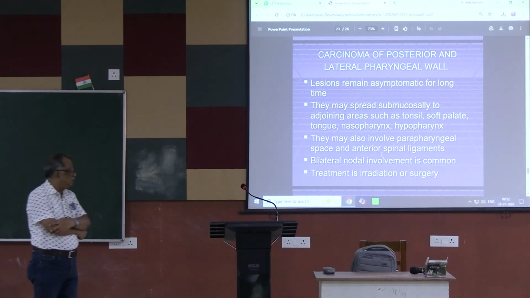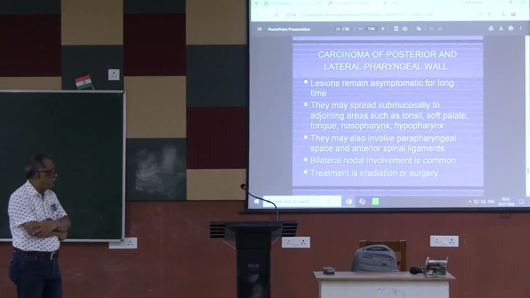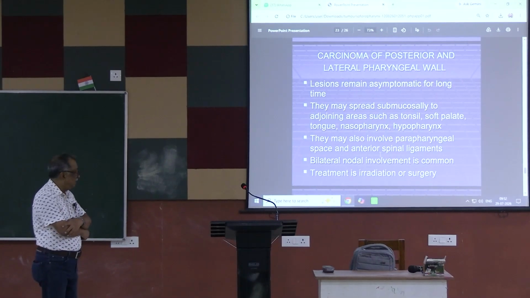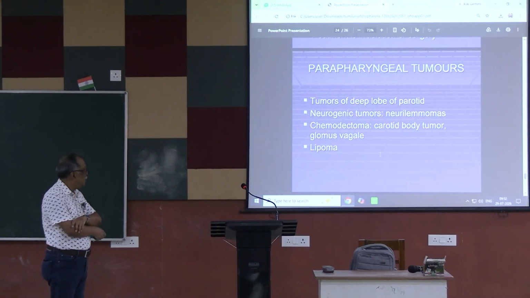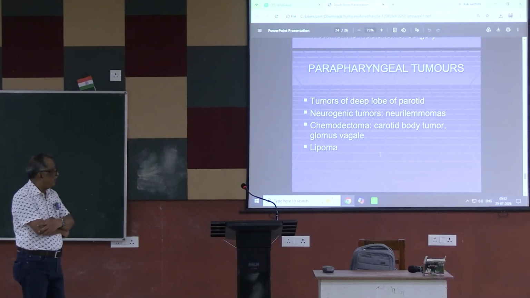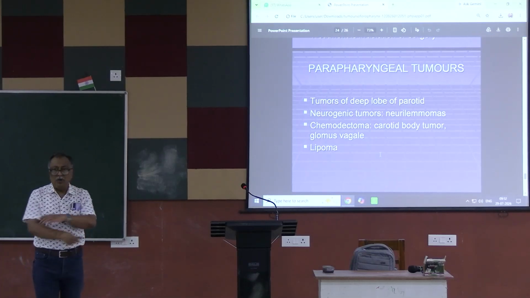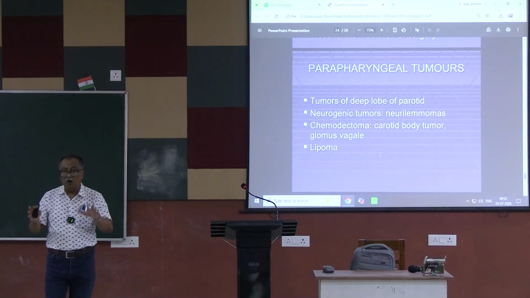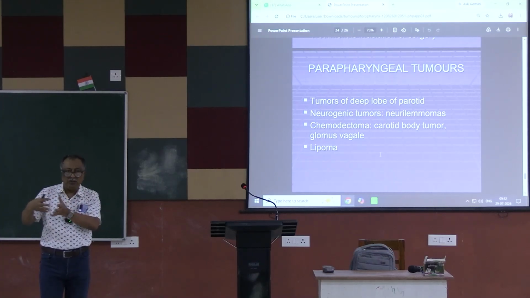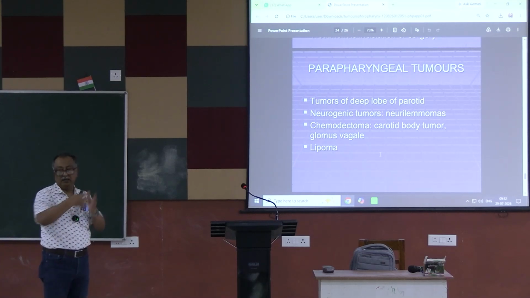Bilateral involvement or nodal involvement occurs, and treatment is irradiation or surgery. The parapharyngeal tumor is in the deep lobe. You will not see any ulcer. Only the area posterior to the posterior pillar or the tonsil is protruded medially.